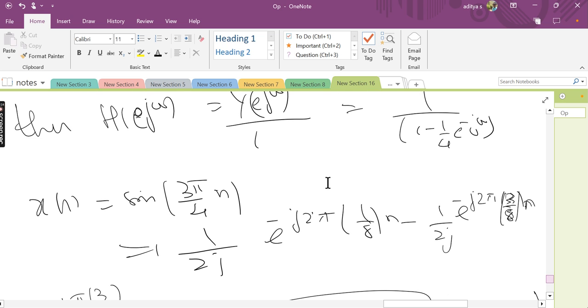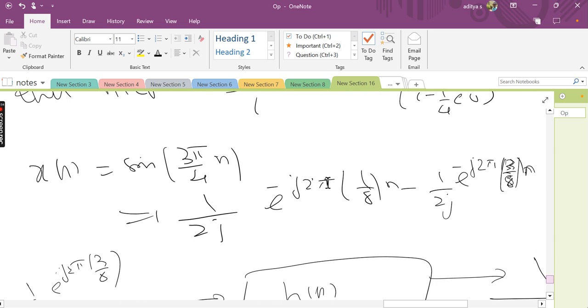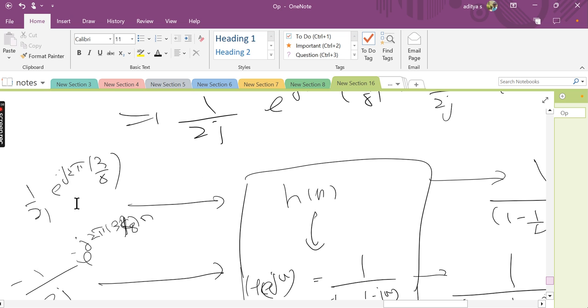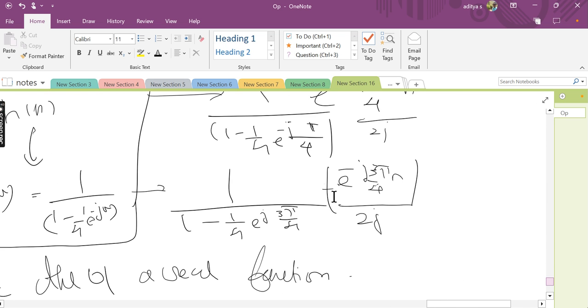This is the further simplification, and further we are doing with this.